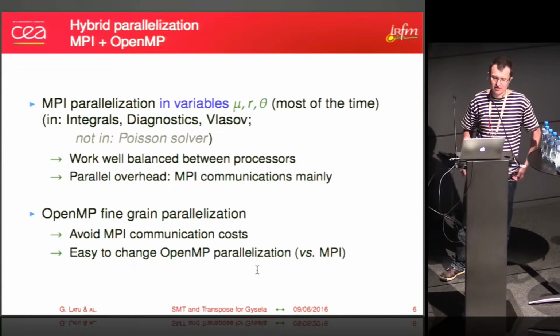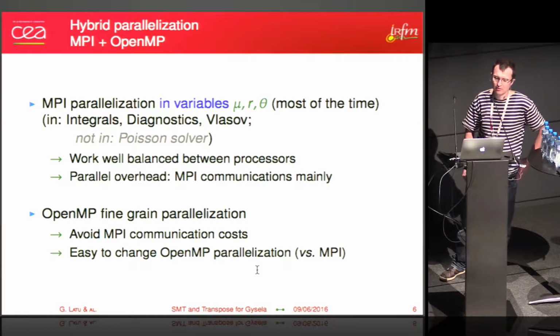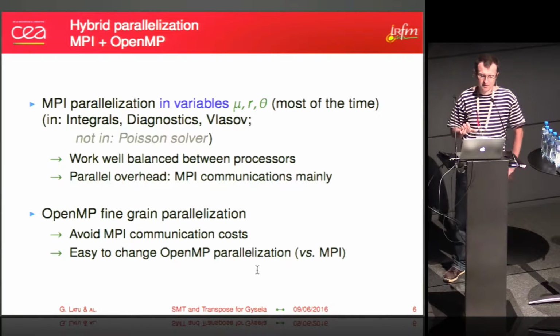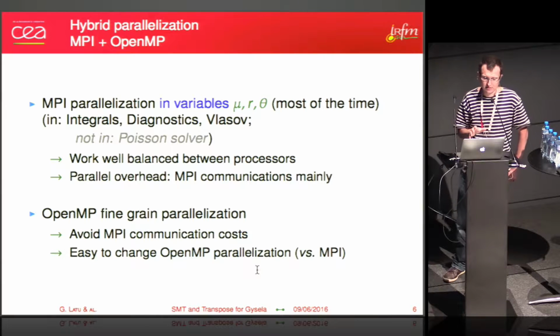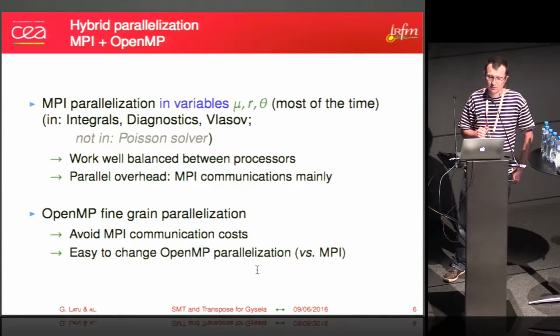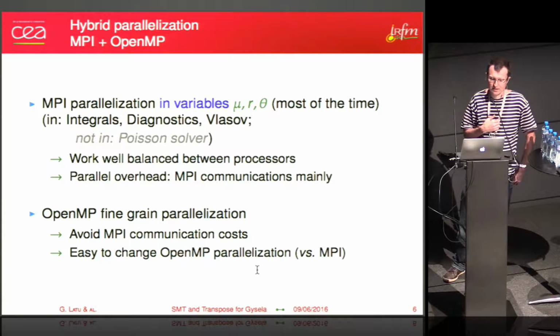The parallelization we use is along the mu, r and theta directions, and this parallelization is true in many parts of the code except some parts, where we have to change the domain decomposition.